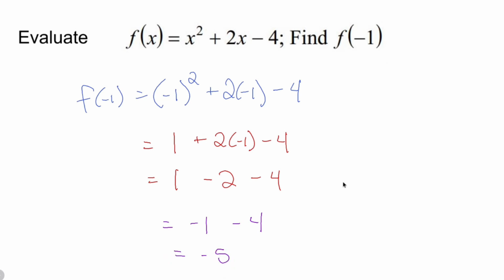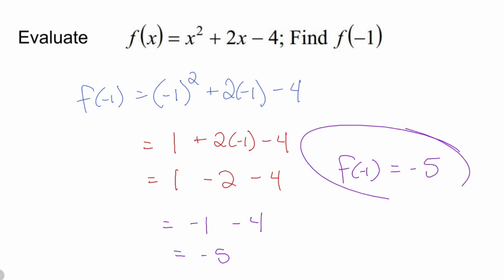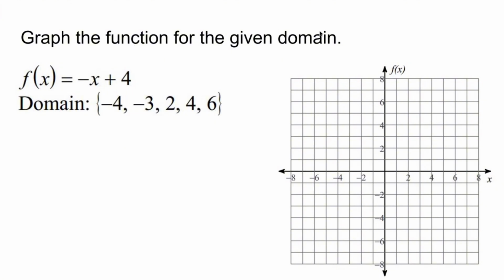So when I have f of negative 1, that means I plug in negative 1, making sure I have my parentheses, and after I do a little bit of PEMDAS, I end up with negative 5. And that's my answer.